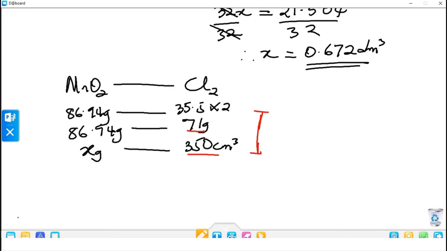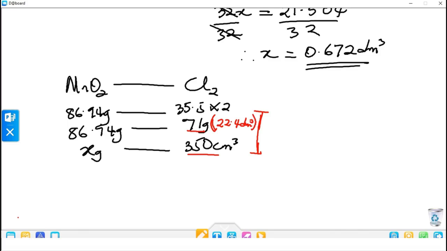From what we can see, 71 grams of chlorine is the same thing as 1 mole of chlorine. And we have been made to understand that 1 mole of any gas is 22.4 dm³. So this 71 grams of chlorine is the same thing as 22.4 dm³.